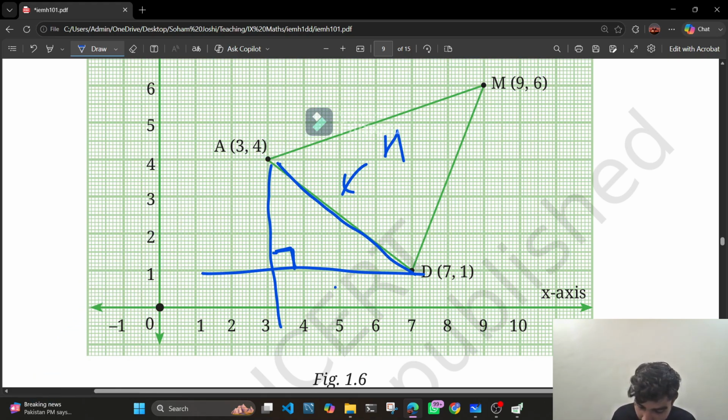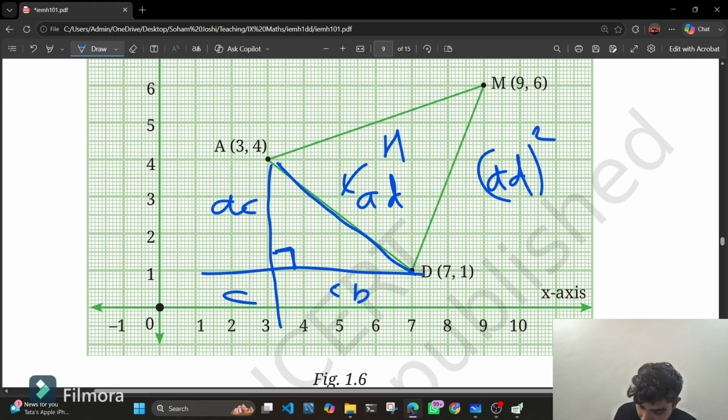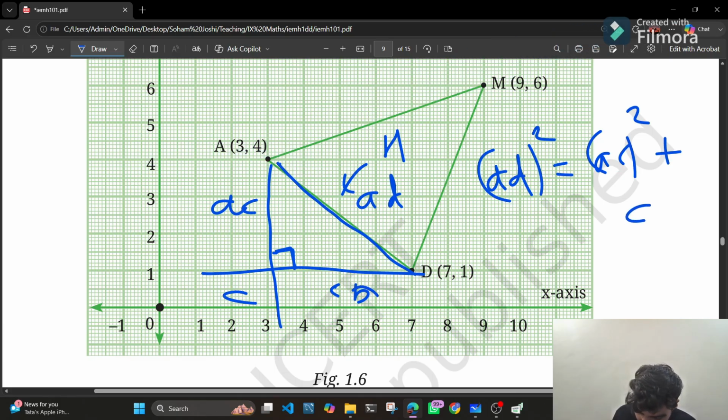तो ये जो हाइपोटेनियस है, मान लो ये साइड है मेरी छोटी ए, इस पॉइंट को कहते हैं सी, और ये मेरा साइड है, इसको कहते हैं AC, और इसको कहते हैं CD. So what does Pythagoras say? That if I want to get the length of hypotenuse, that is AD, तो AD whole square is equal to AC whole square plus CD का होल स्क्वायर.